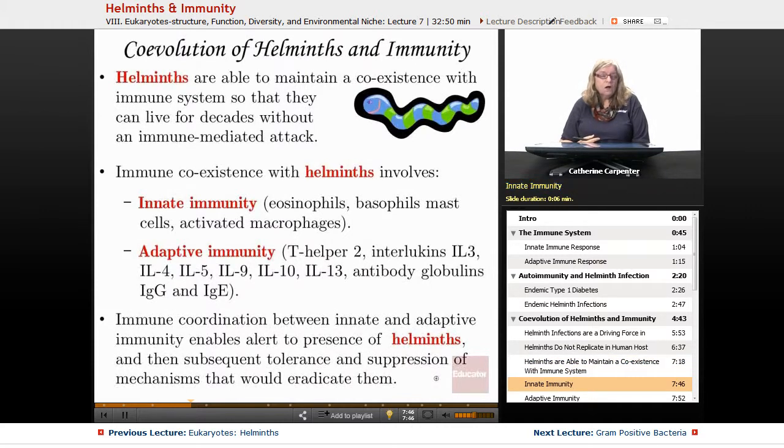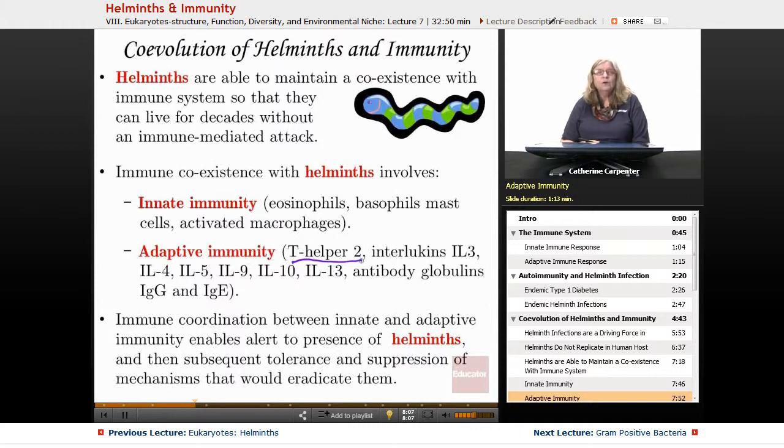Basically pretty much all the cells of the innate immune system are involved. And in adaptive immunity, the big key player is the T helper 2 cell and various interleukins and these antibody globulins, IgG and IgE.